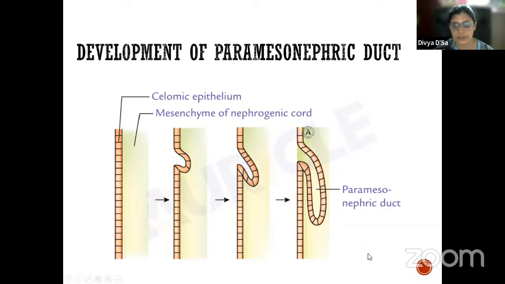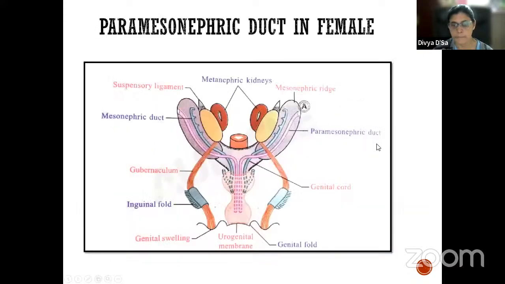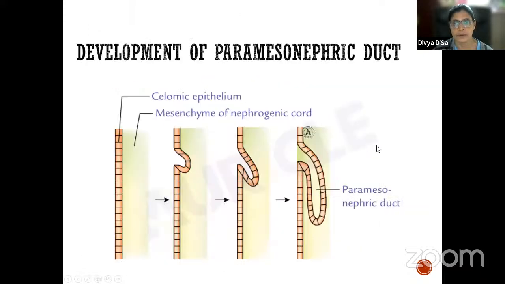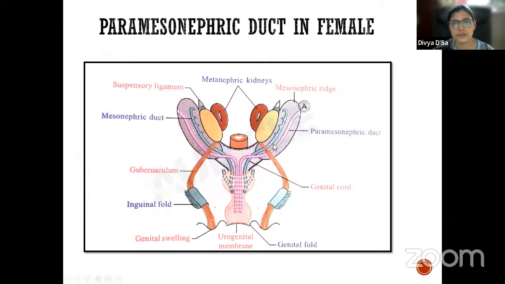So if you see, here you can see it crosses. This is the mesonephric duct, this is the paramesonephric duct. It crosses here in the midline. When it crosses here, what happens? The two paramesonephric ducts unite together, fusing in the midline to form a vertical duct, that we call the uterovaginal canal.